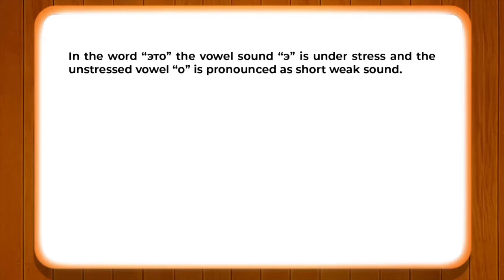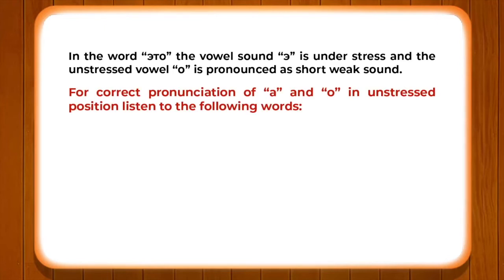That is why I am pronouncing eta and not eto: once the stress is falling onto a, the next vowel, which is o, will sound like a. So a short weak sound in the case of o is coming as a.